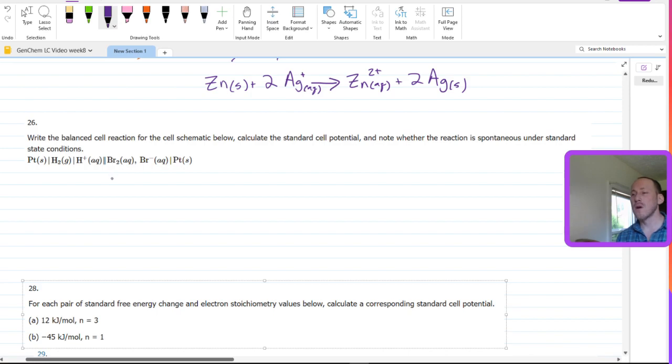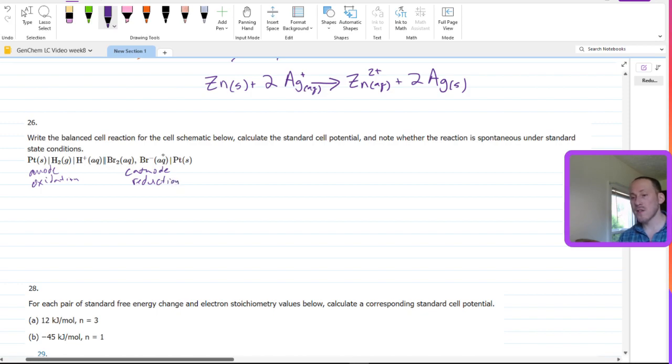Okay, so write the balanced cell reaction. Here's the schema they gave us again. We've got the anode, of course, on the left, where oxidation happens. Got the cathode on the right. This is where reduction happens.